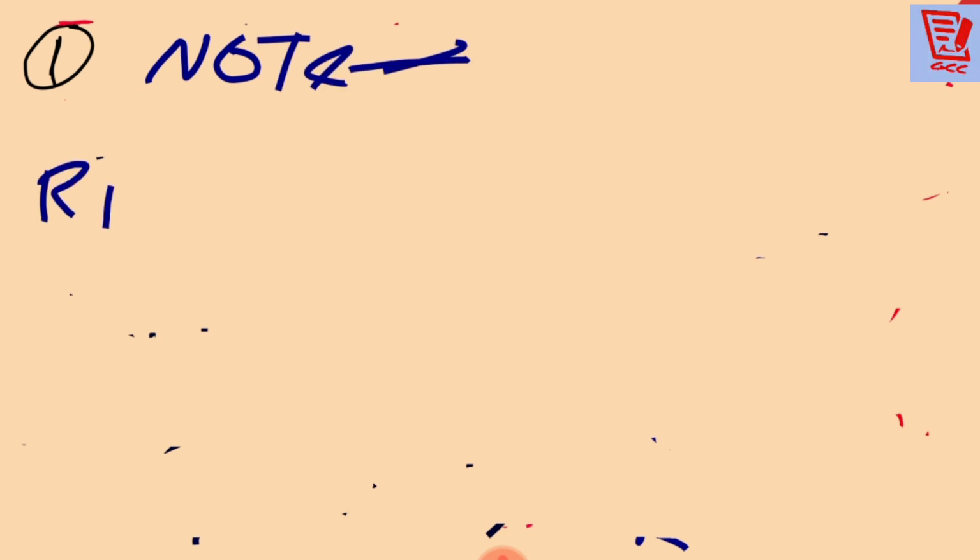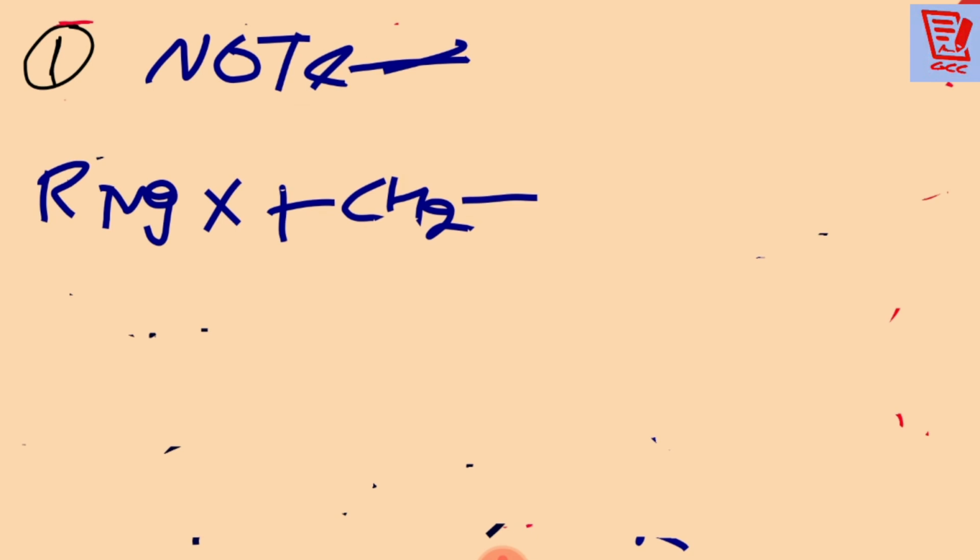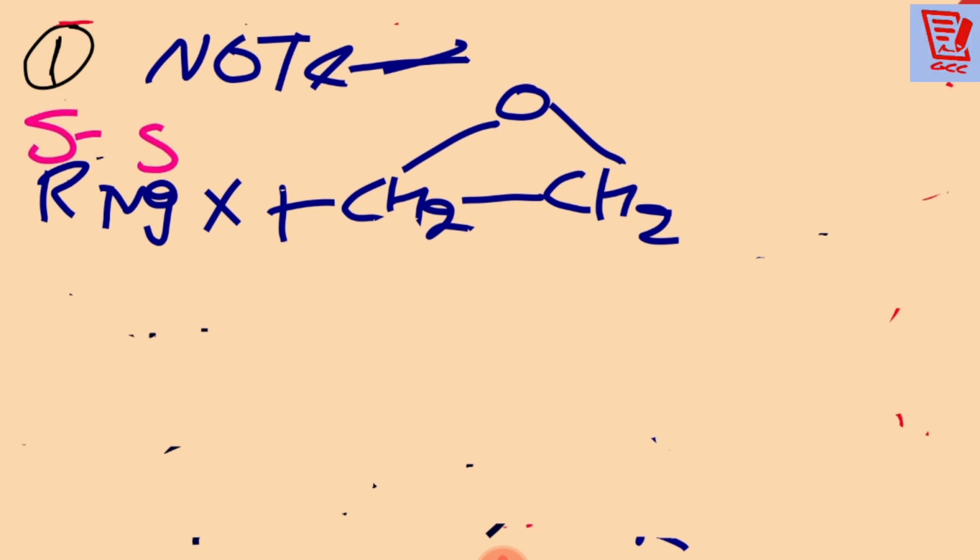Okay, student, you must see, all of you, very carefully. Now I am writing there in the note. You see, please. Here it is. RMgX plus CH2O. Then on the R there is a negative and positive.